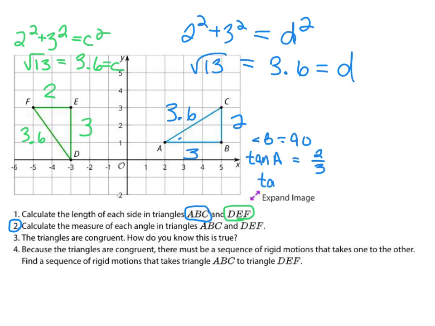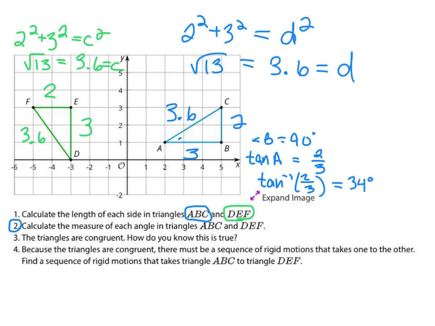So if we do that, tan inverse of 2 over 3, handy dandy calculator. Remember, you need to be in degrees, so hit your mode, make sure you're in degrees, and then I'm hitting tan inverse, 2 divided by 3, close the parentheses and hit enter, and that is approximately 34 degrees.